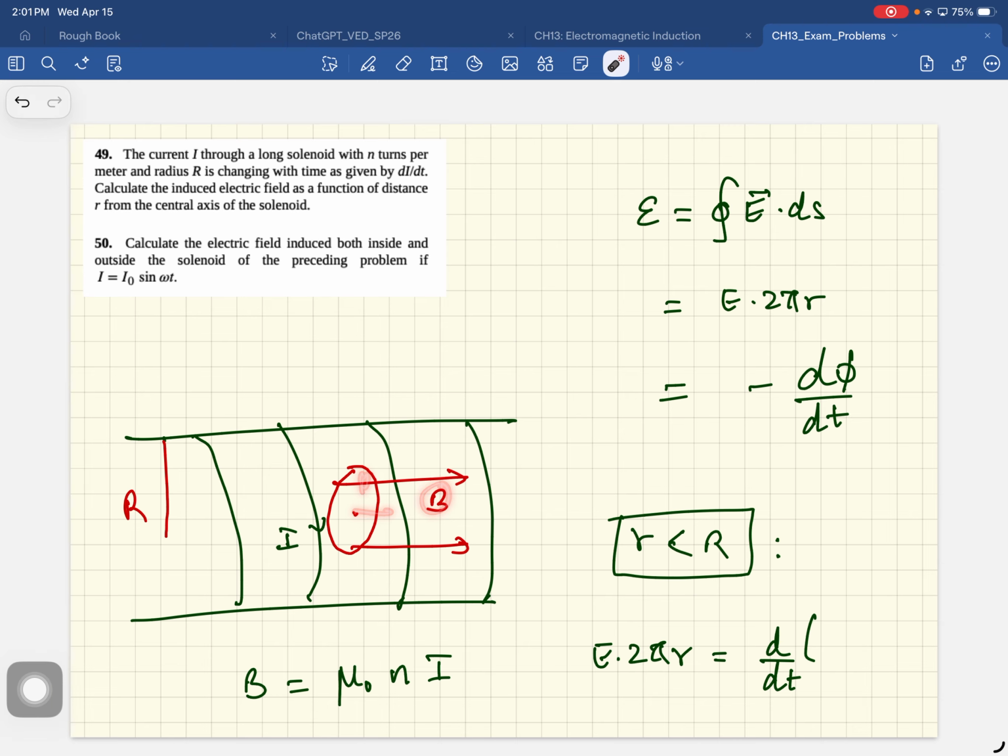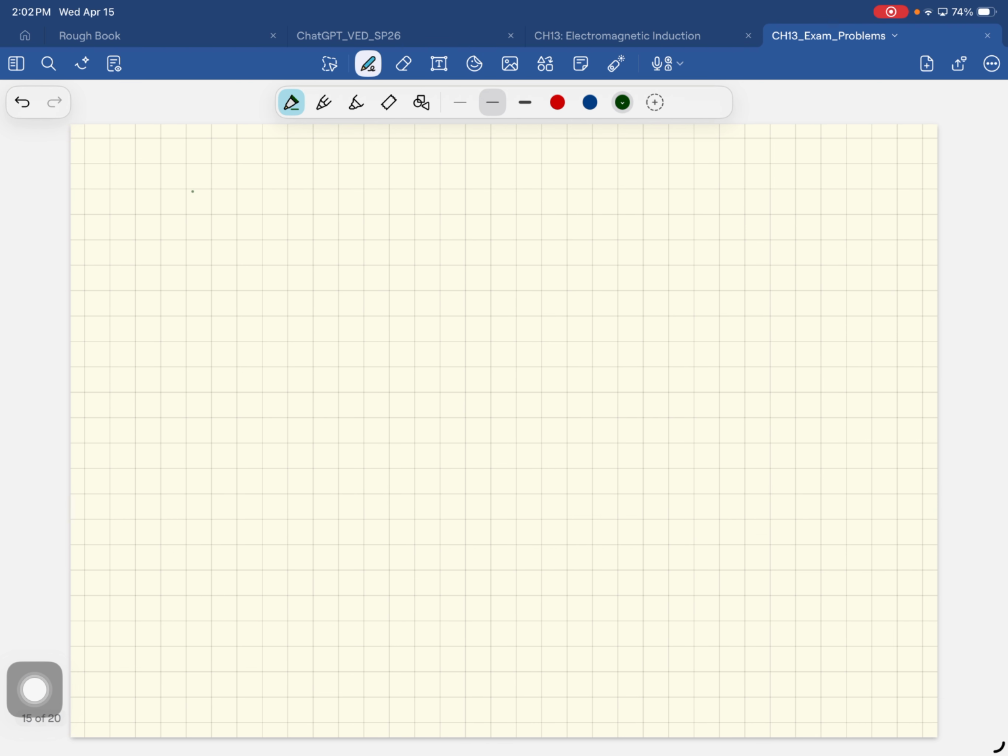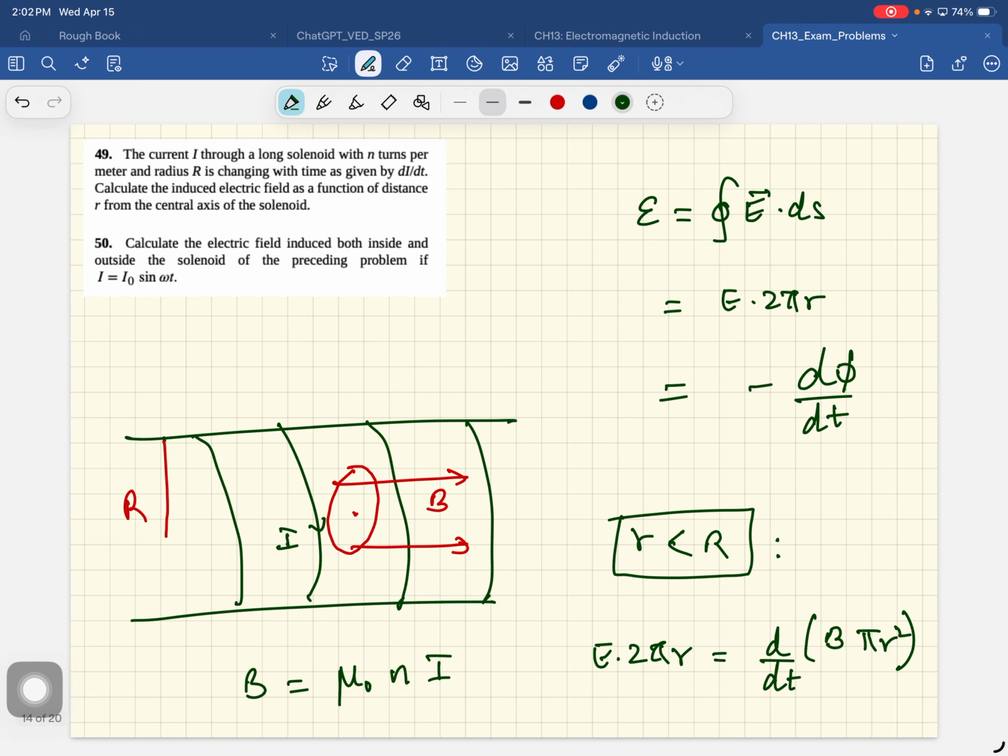That's what we found. And in part B, for I you put this functional form, calculate dI by dt, and you get the electric field. So put I equal to I naught sine omega t, and you'll get the electric field.